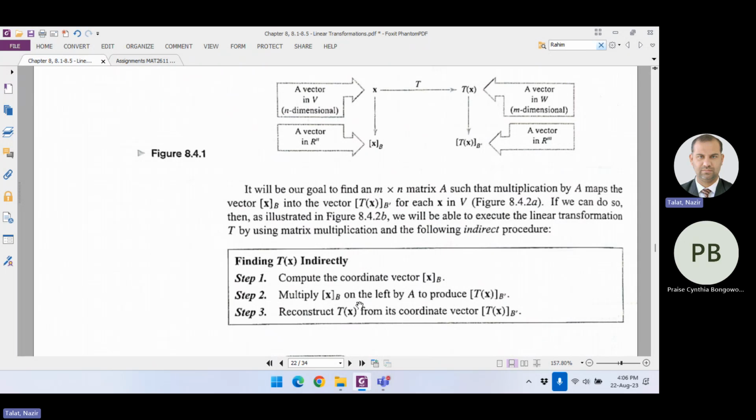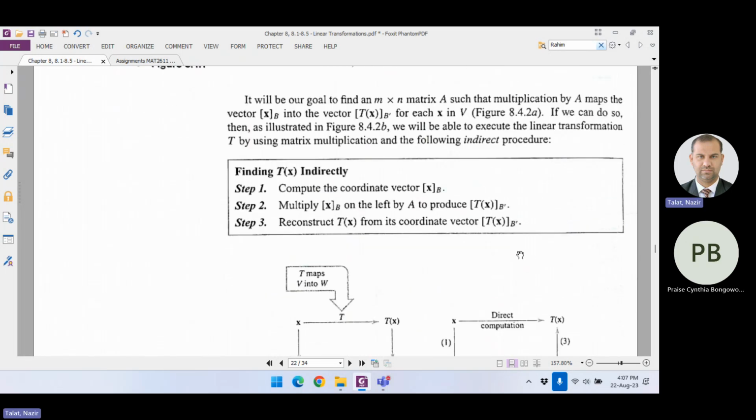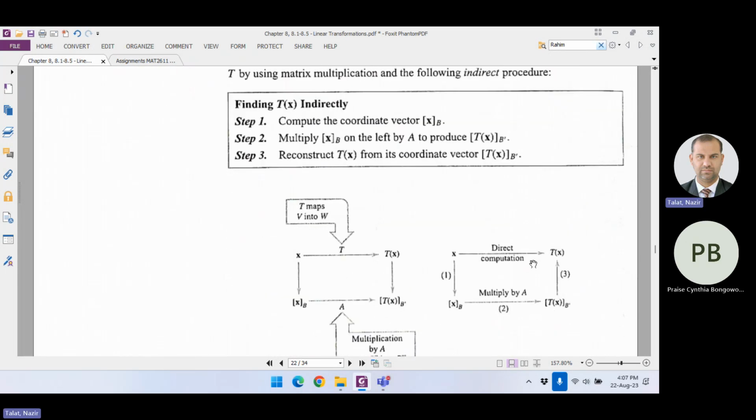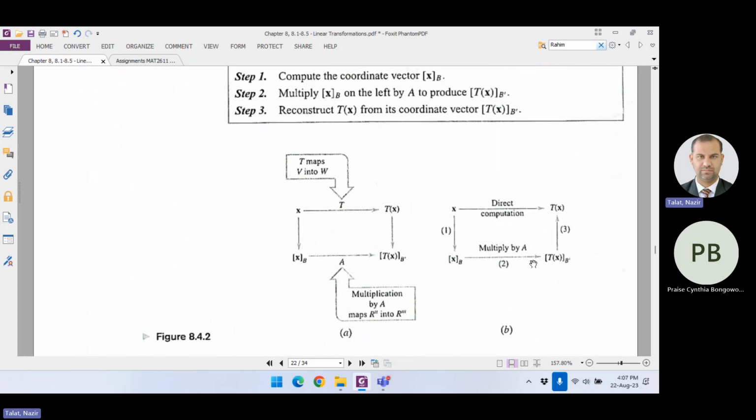Tx is just like A times x. We know that T will give us a matrix A, and after that we multiply A with x, and then reconstruct Tx from its coordinate vector under the basis B prime. And here we will see its examples and certain criteria.